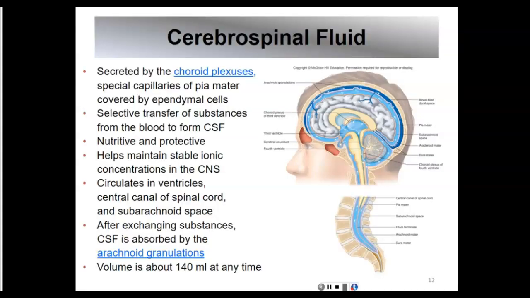So let's talk about cerebrospinal fluid. We talked back in chapter 10 about neuroglia. In the neuroglia, there was a specific cell that helped produce cerebrospinal fluid, and that was your ependymal cells.